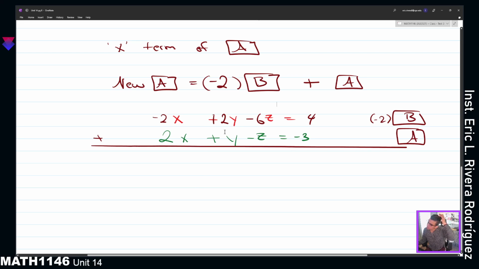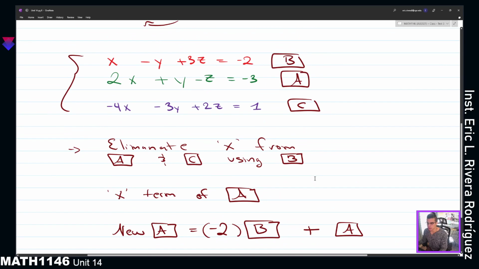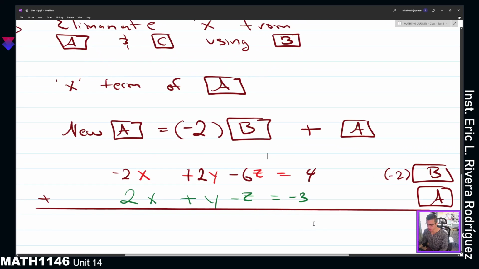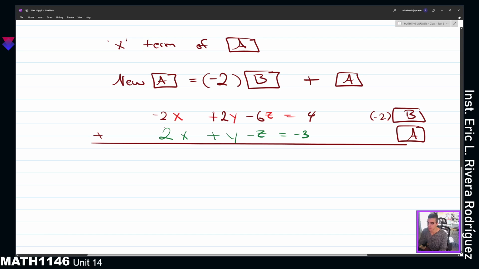So on the top, you are seeing the multiplication of equation B by -2. Keep in mind, I'm not changing equation B. I'm changing equation A. So that's what I'm going to have, a new equation for A. When I add these two equations, the term x gets cancelled, plus 3y minus 7z equals 1.